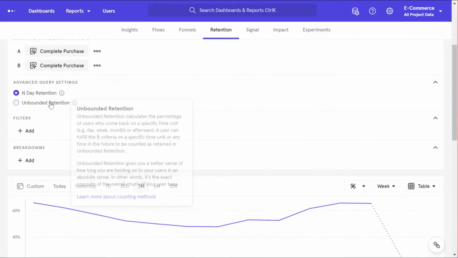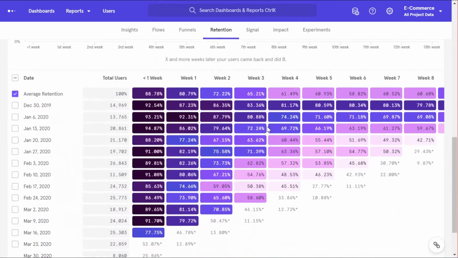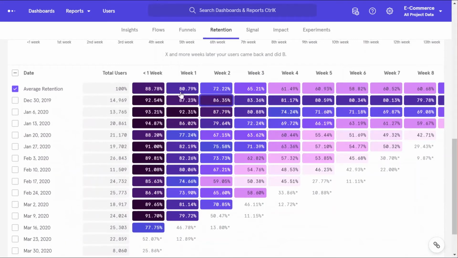If you instead selected unbounded retention, then this number becomes this period or later. So number obviously increases. Basically now this says 87.23% of these people came back and placed an order in week 1 or in week 2 or in week 3 or at any point of time after that. So this is like a cumulative number here. This 86.35% here is part of this 87.23% here.